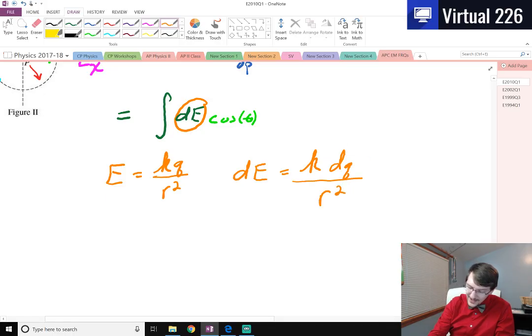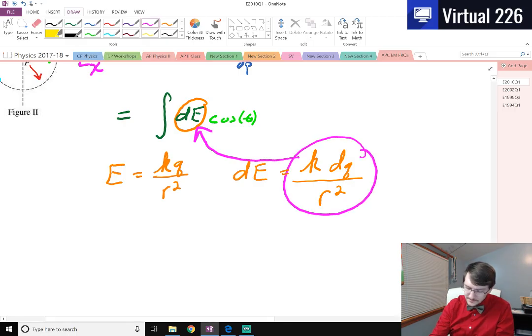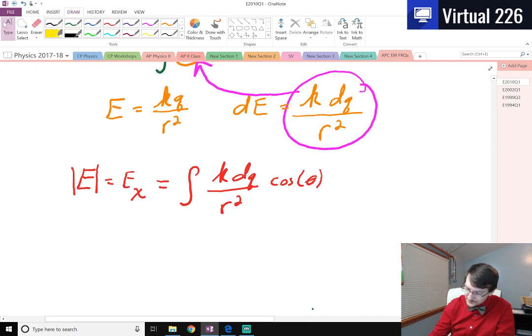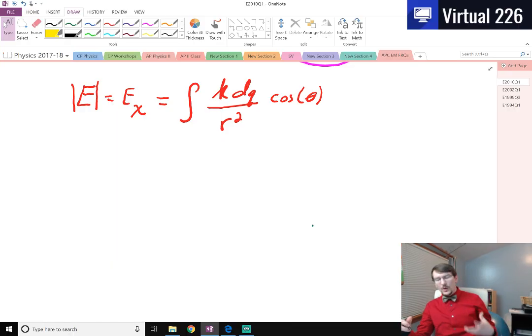So we're going to take this value and drop it up into there. So we can rewrite this and say that our final answer for the magnitude of the electric field, which is just the electric field in the x direction, is equal to this integral of k dQ over r squared cosine of theta.